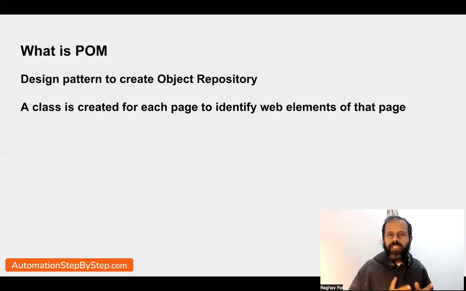For every page, we will create a separate file and a separate class, and we will keep all the objects that we have to use in that particular class file. And all the actions that we have to do on that page will go into that particular class, so that we will find all the objects and all the actions for that page in that page's class, and it will keep the code very clean, it will make it reusable, and it will also help whenever we have any changes from the backend.